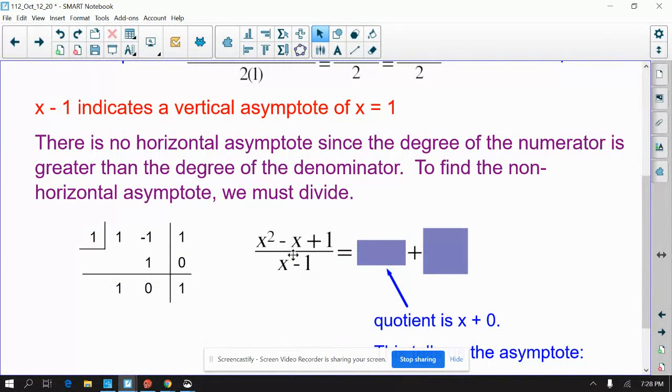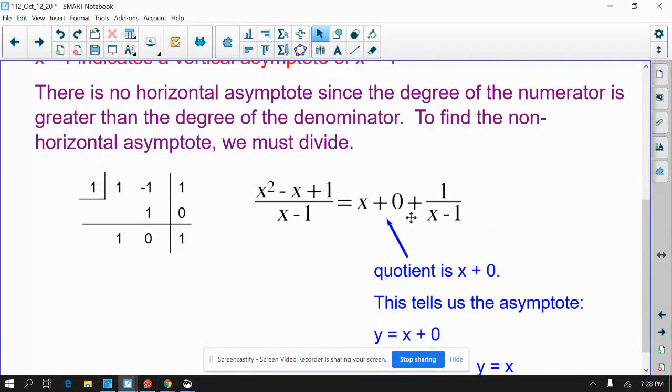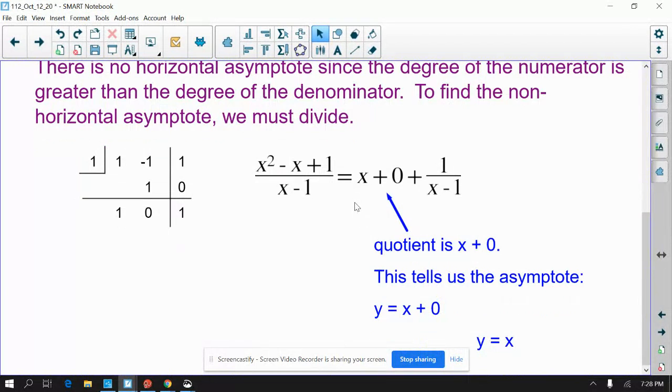But this division results in this quotient, 1x plus 0, plus the remainder over the divisor, 1 over x minus 1. The quotient is your slant asymptote. So y equals whatever is right here. Y equals x plus 0, or more simply, y equals x. So that is how you find these slant asymptotes.